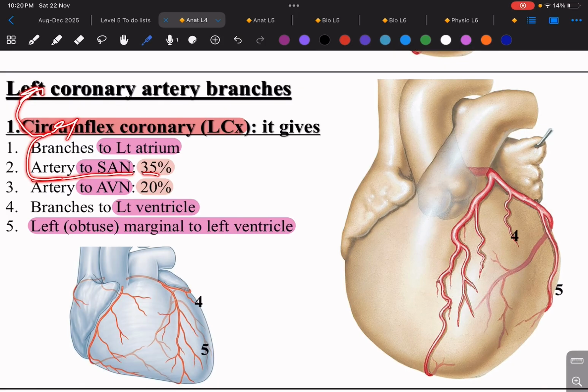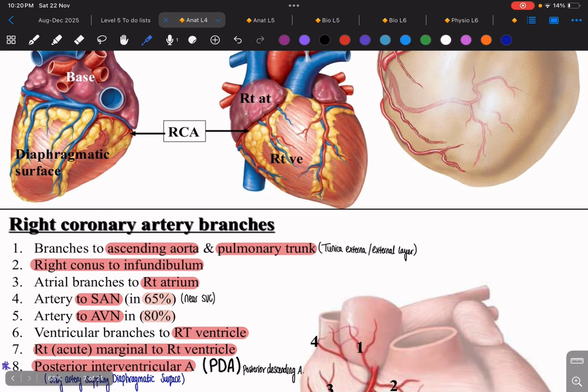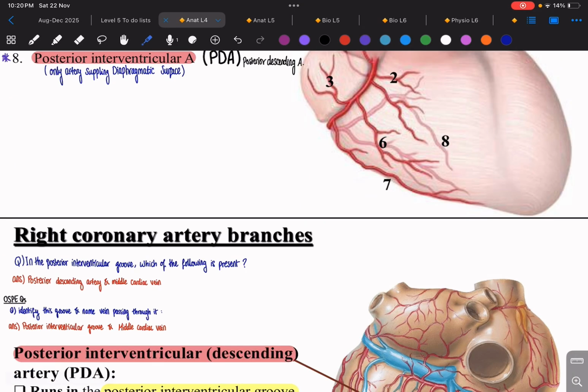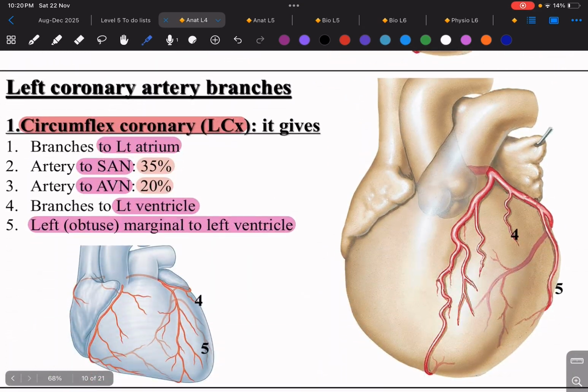And we said 80% of people get the artery of the AV node from the right coronary artery, right? It's a branch of the right coronary artery. This is 80%. The remaining 20% come from where? From the circumflex coronary branch, which is from the left coronary artery. Okay? So we're done with the branches of the circumflex coronary branch, which is mainly from the left coronary artery.